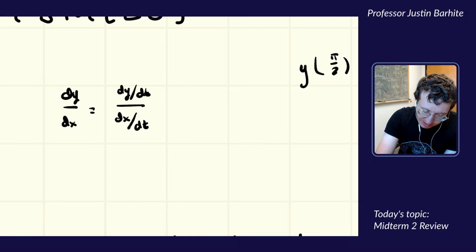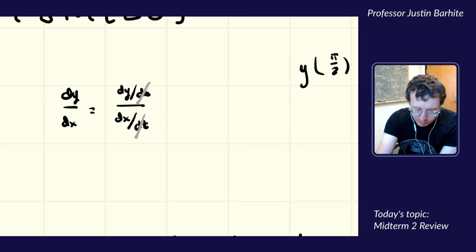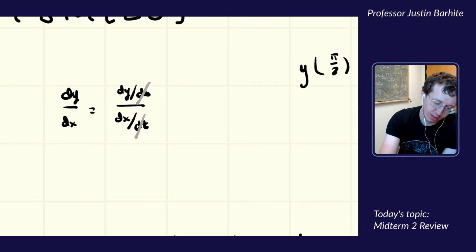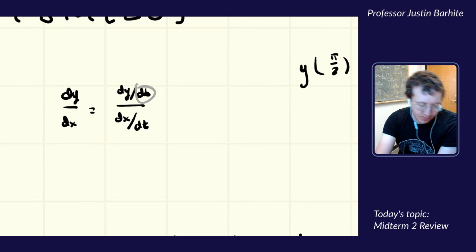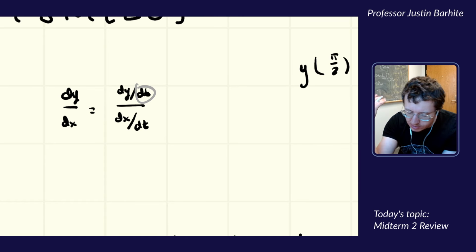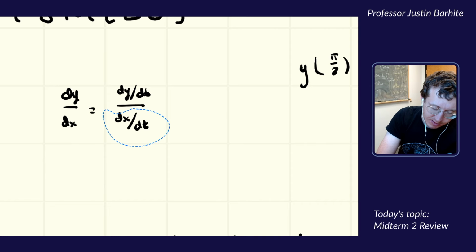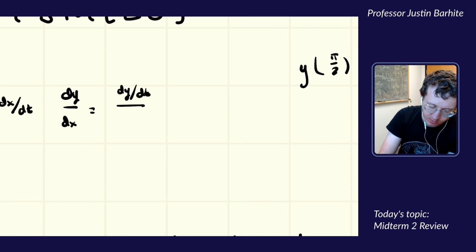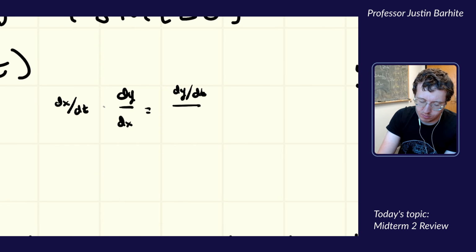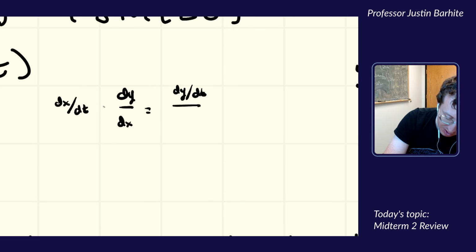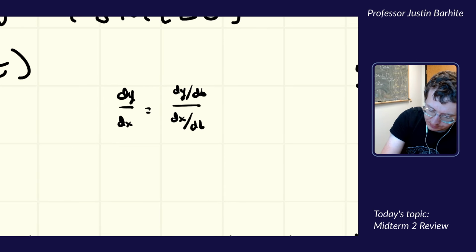You can kind of think of this as canceling out the t's to leave you with dy/dx, but remember, these dt's aren't really quantities that you can algebraically manipulate. So the real reason that this is correct is that it's the chain rule. We just brought one of the quantities over to the other side.